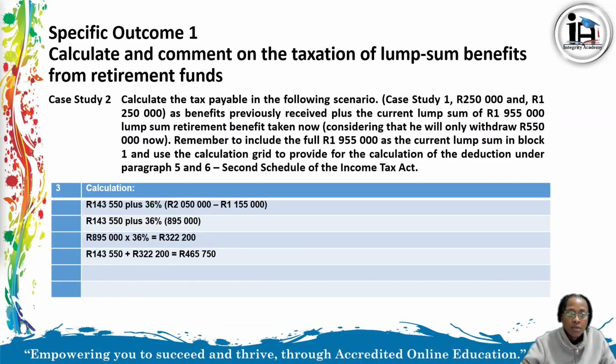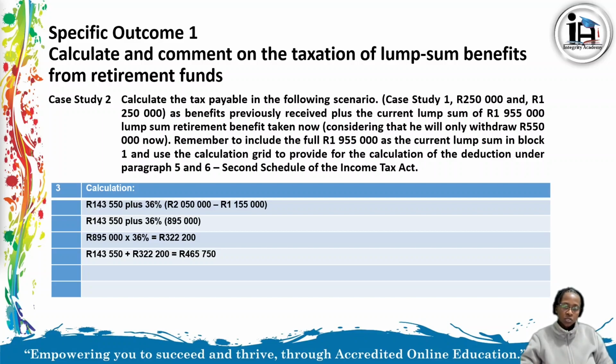So number 3, we do the calculation, which will be 143,550 plus 36% of 2,050,000 minus 1,155,000, which is 895,000, and multiplied by 36%, bringing it to 322,200.